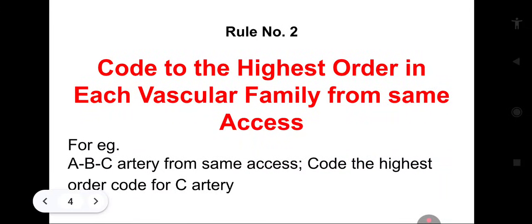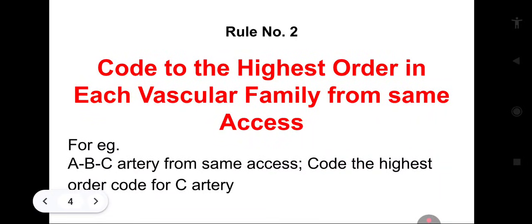That is the reason we exclude the initial, secondary and other catheterizations, and we code only the distal one, the last catheterization, where the catheter has reached. For example, the catheter has reached from A to B to C, so we'll code the last point where the catheter is placed.